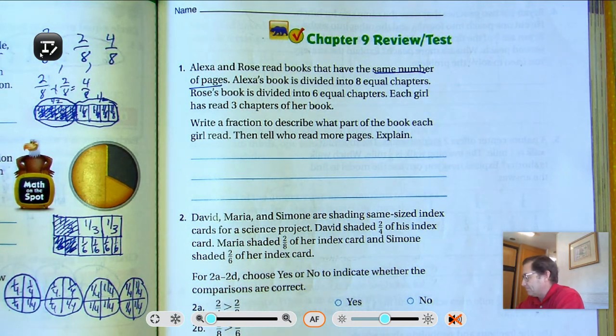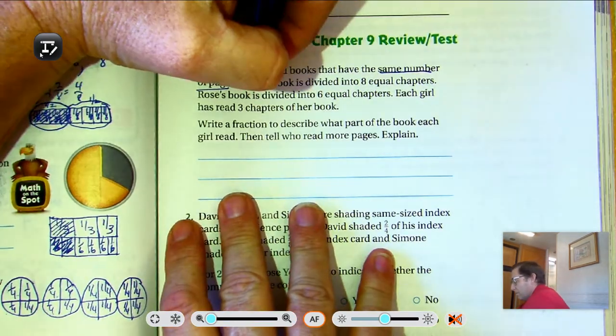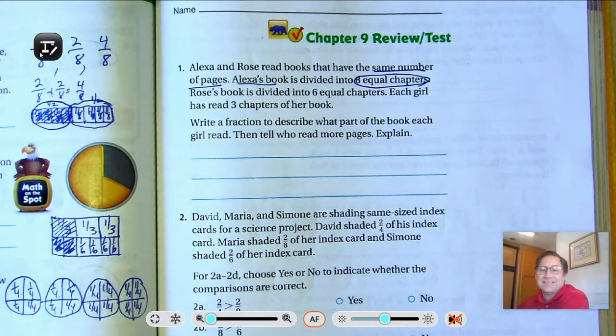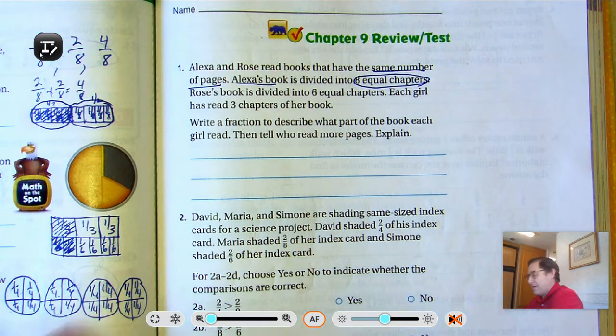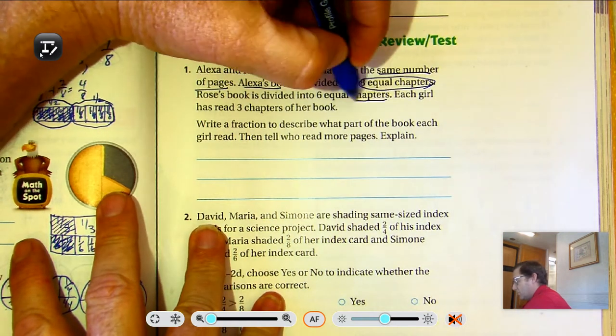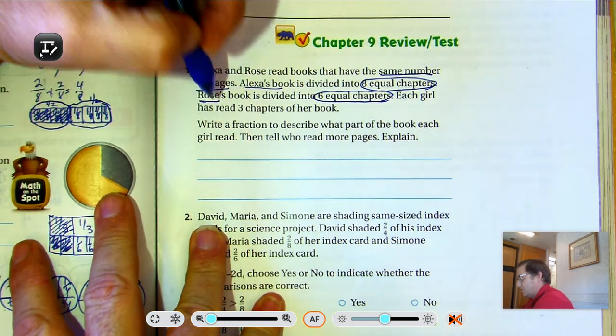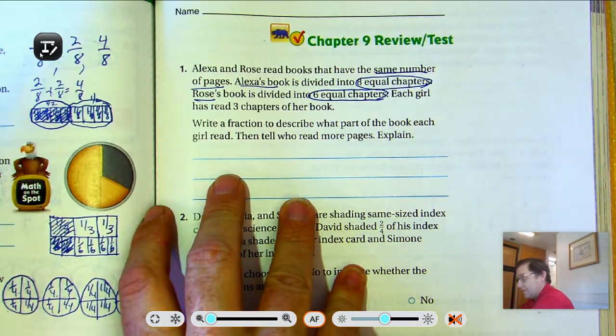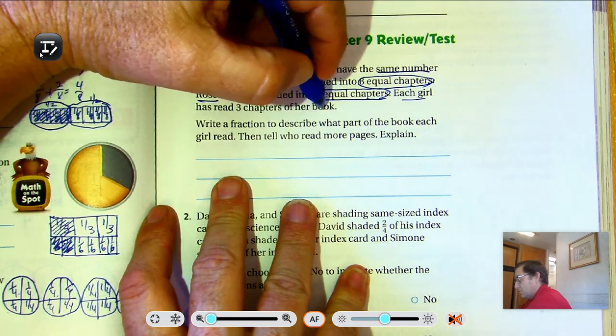All right, then we have Alexa's book broken into 8 equal chapters, and Rose's book broken into 6 equal chapters, and then each girl has read 3 chapters.